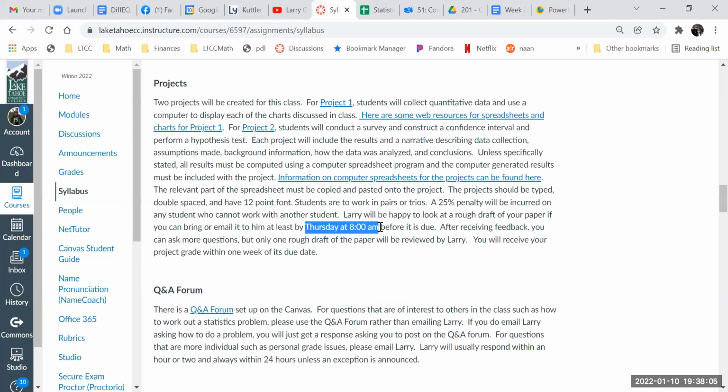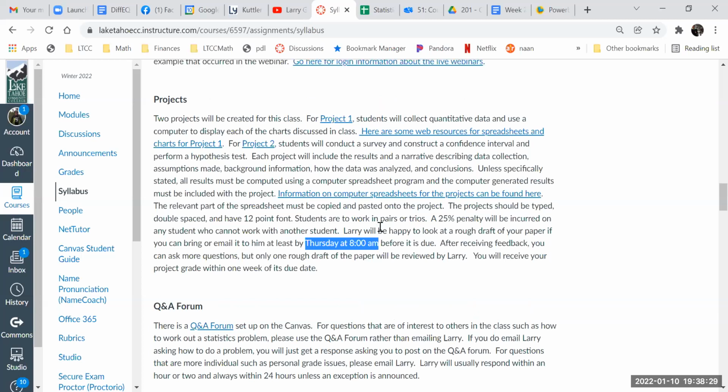So if you give me the project, I'll give you a lot of feedback on where you need to improve. Do you see that? There are two main times I'm going to give you feedback. One is when you send me your project ideas, and the other is when you send me your draft of your project. Got it? So that's the Thursday before it's due.